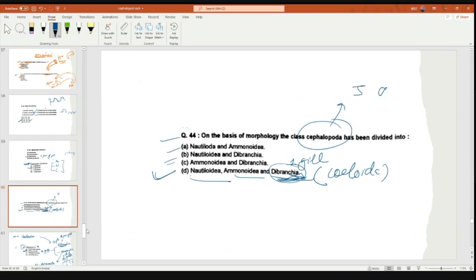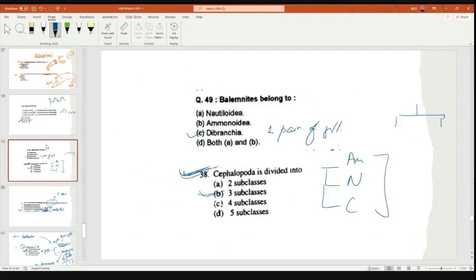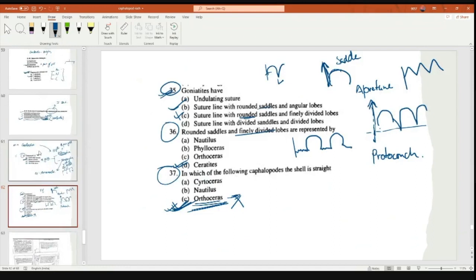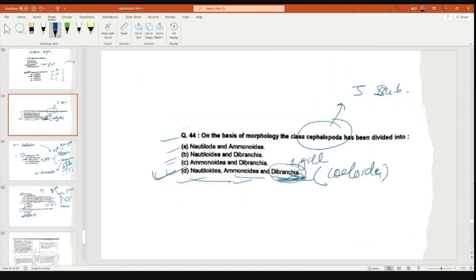Three suborders हैं, and it will be Nautiloidea, Ammonoidea and Coeloidea. Coeloidea को ही हम Dibranchia बोल रहे हैं. अभी आपने यहाँ आंसर दिया, right? Belemnites is the Dibranchia and Coeloidea. हमने क्या क्या देखा था Coeloidea में guys? Octopus, squid, Belemnites all come under the Dibranchia, right? So it will be answer D.